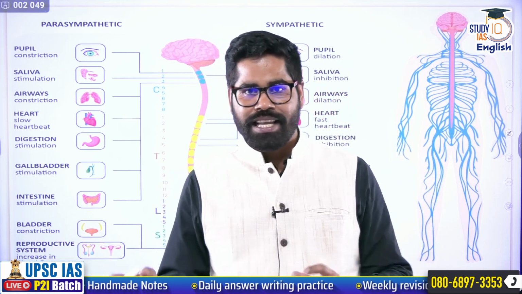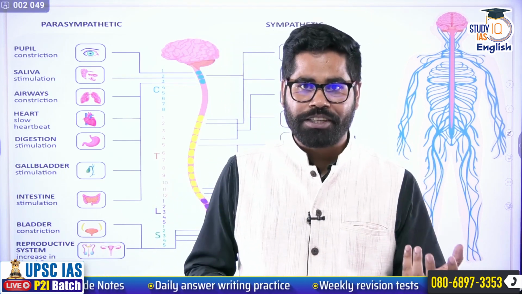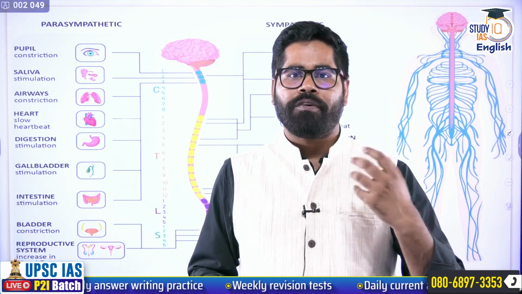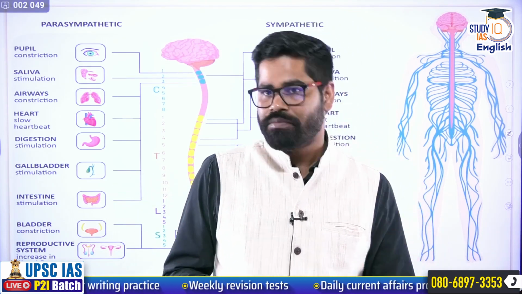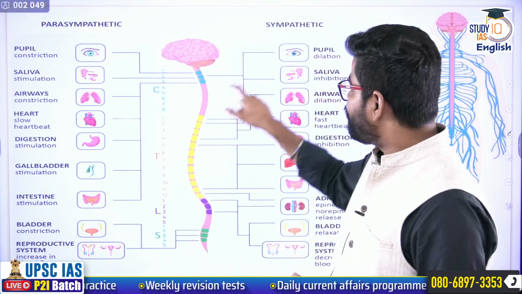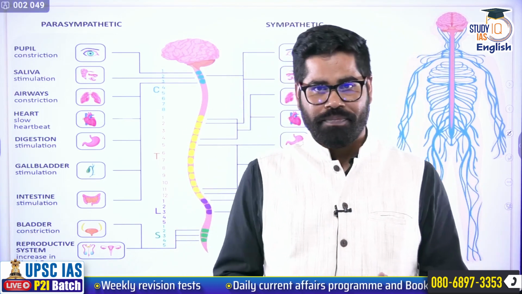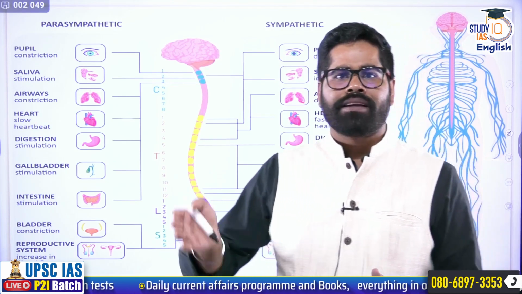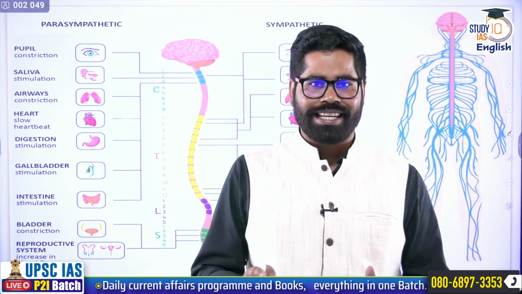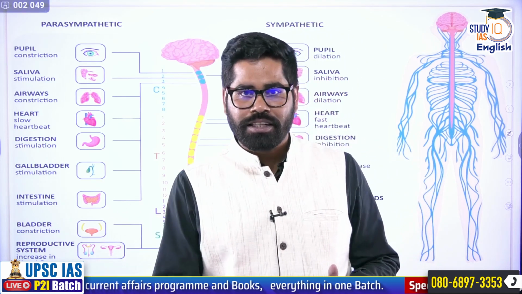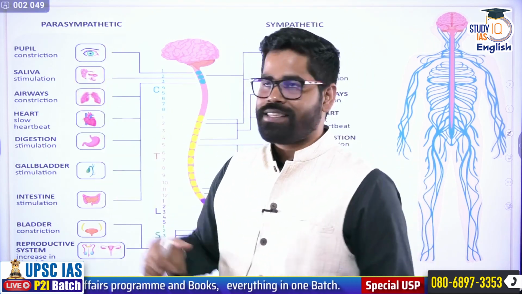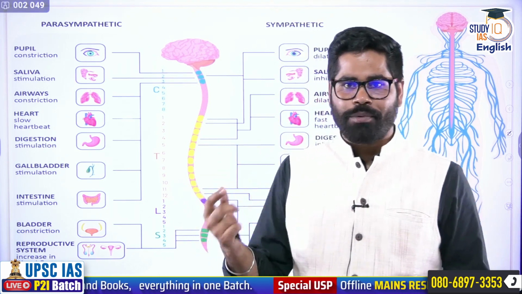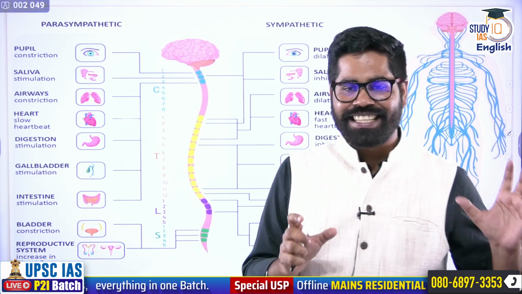Whenever there is some change in the environment, and the body becomes alert and starts reacting against it, that type of response from the nervous system is what we call the sympathetic response. Whereas when the body relaxes back to the normal state, meaning it is not in alert mode, that part is called the parasympathetic mode. We are going to see what the different changes are.